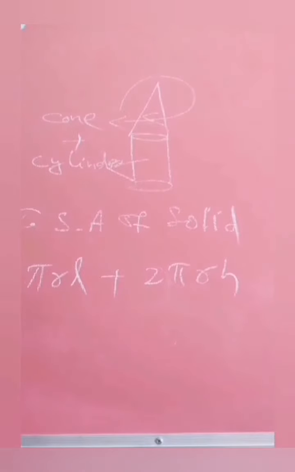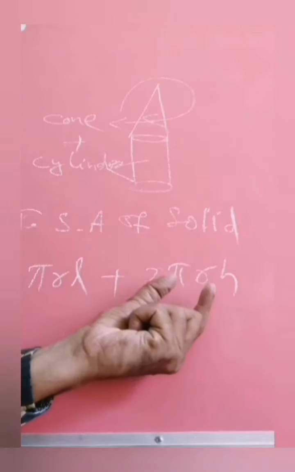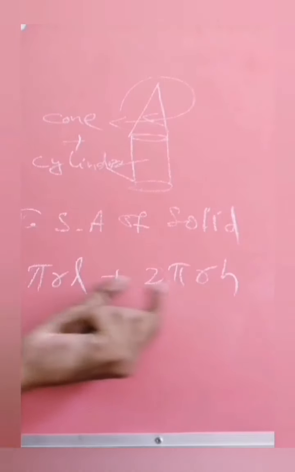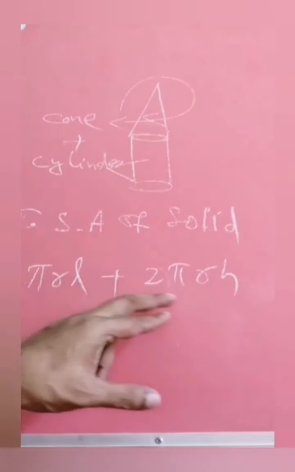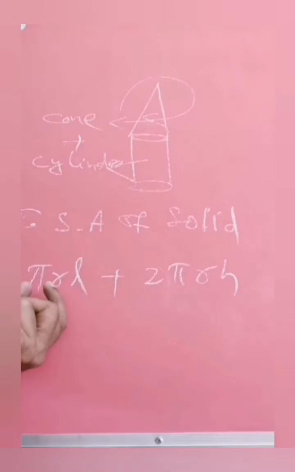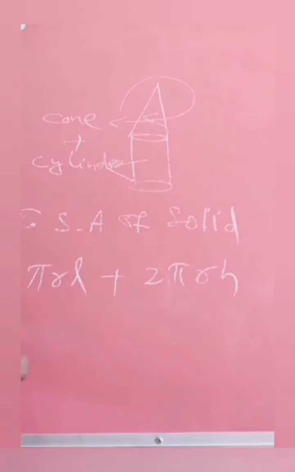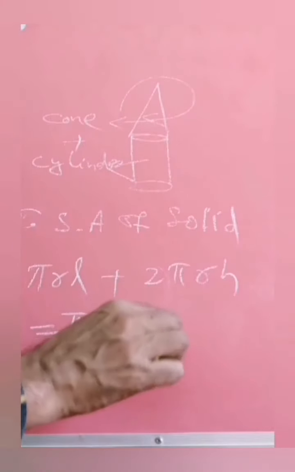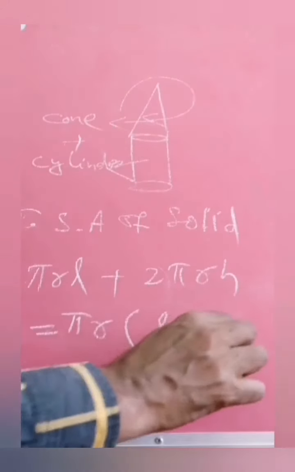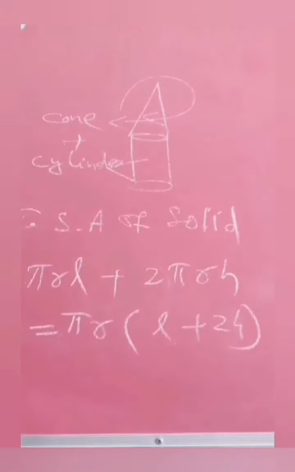When you are adding, never calculate separately. You will face troubles. So better to take common if anything is there. Surely radius can be taken common as well as pi. So take pi r common. So l plus 2h. It is the easiest way to do the calculation.